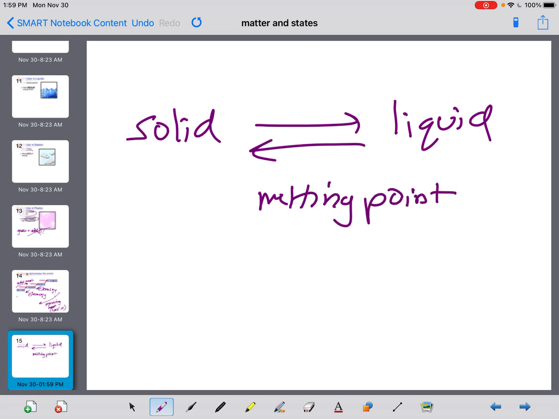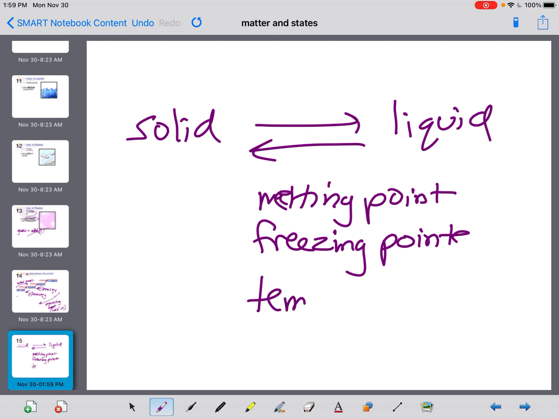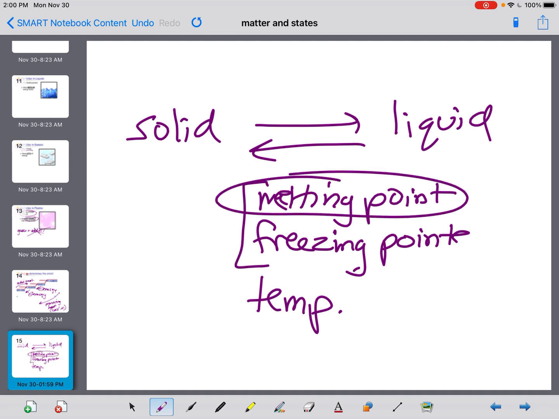Or sometimes you can see this being called the freezing point, depending on if we're adding heat or removing heat. So the temperature that it takes to go from a solid to a liquid or a liquid to a solid is known as the melting point or freezing point. But melting point is used most often.